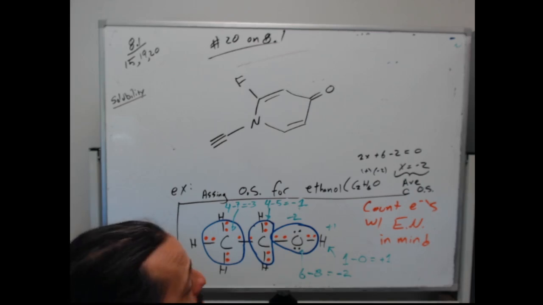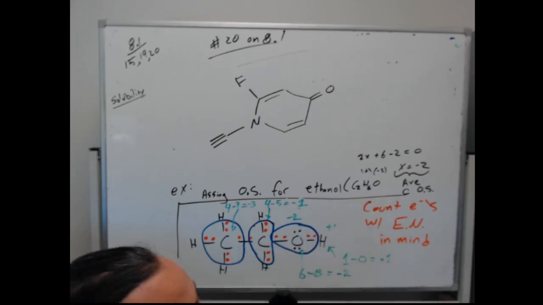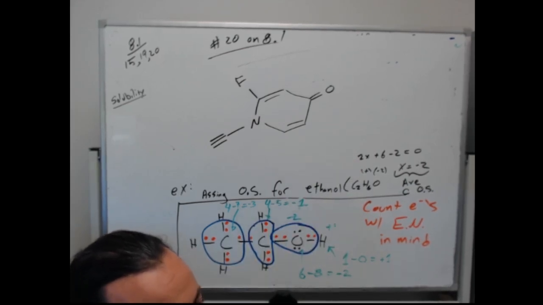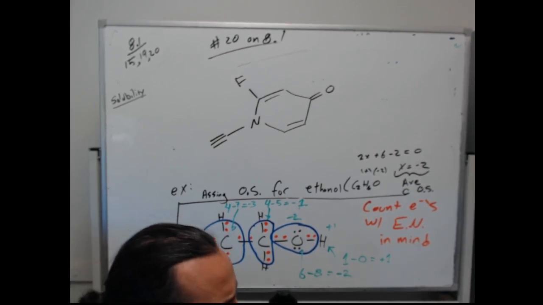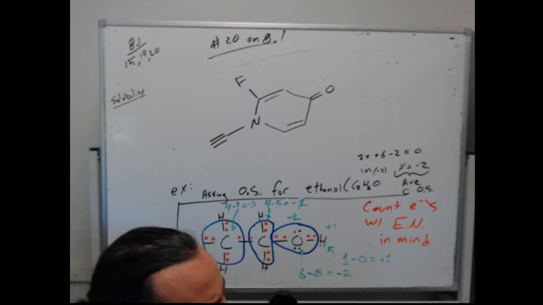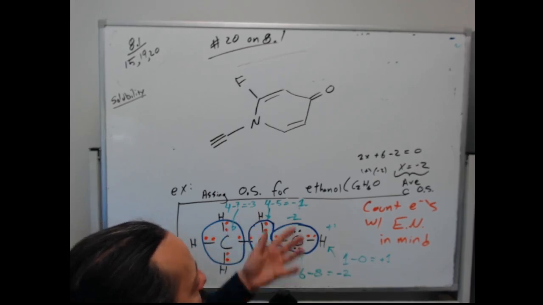Well, since there's 2 carbons, wouldn't it be -1? No, X is the average because it's taking into account that there are 2 carbons. So each carbon needs to be -2 on average. But they don't both have to be -2 because they're not attached to the same things. So we end up with 1 carbon at -3 and 1 carbon at -1.